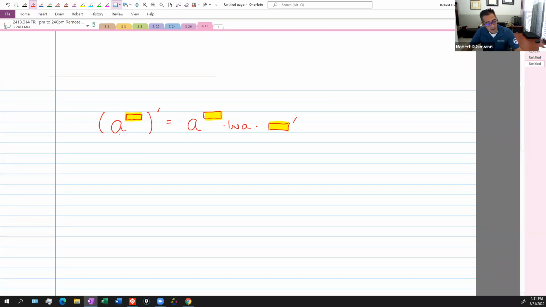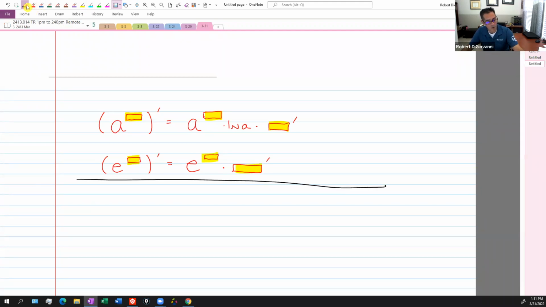Now, in the event that that a is e, which is the very special case, then the only difference is that you still do e raised to that box, but you don't need to put natural log of e because that turns into a 1. So we just don't even do this. And then we multiply that times the derivative of what was up in the box. Then we start talking about logs.